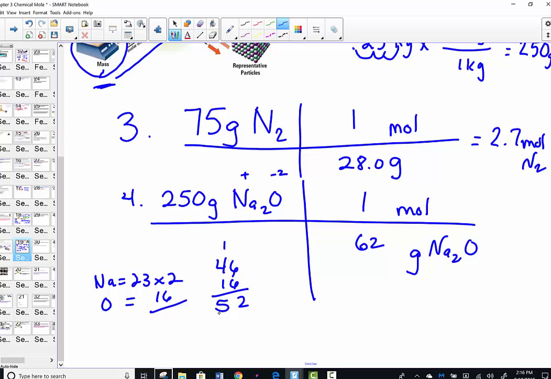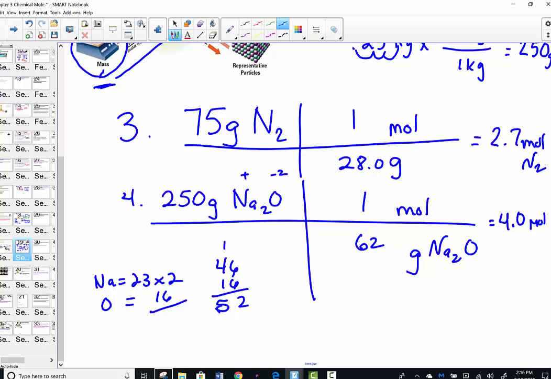Carrier 1, most days of the week, would give that a 62. That's me in mental math. Not so much. But I can do it with the calculator. 250 divided by 62, and do you find 4.03 something? And that unit ends up to be mole.